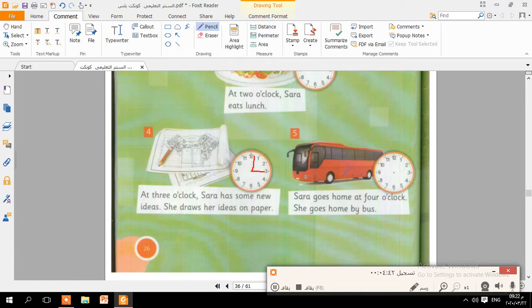It's a red bus. Sarah goes home at 4 o'clock by bus. When does she go back to her home? She goes back at 4 o'clock. We should draw the small arrow at 4 and the big arrow at 12.